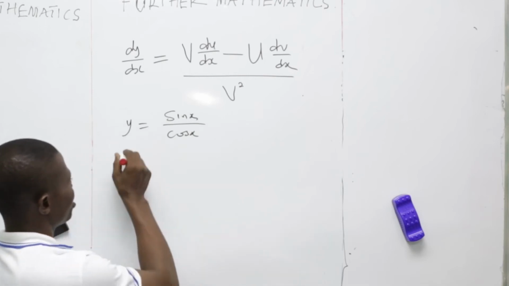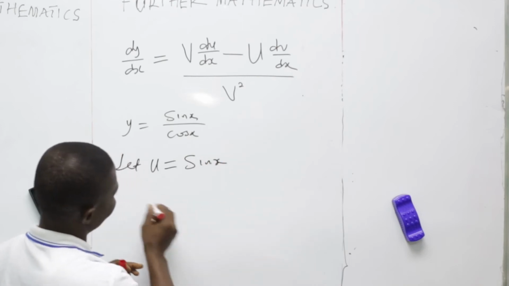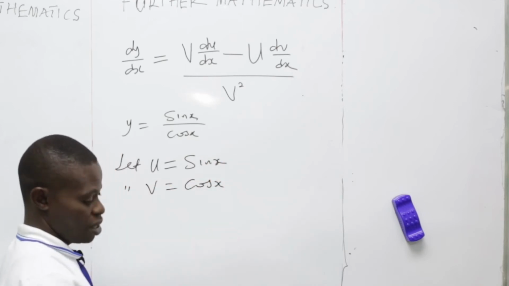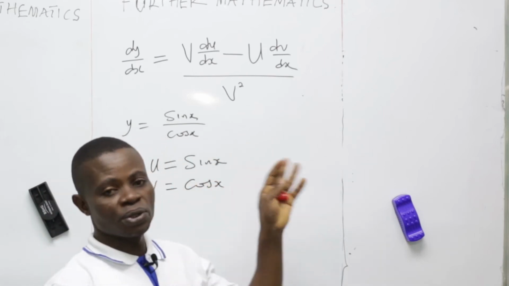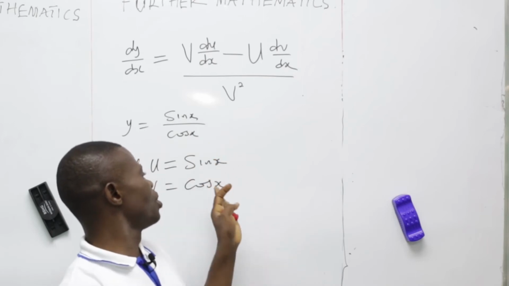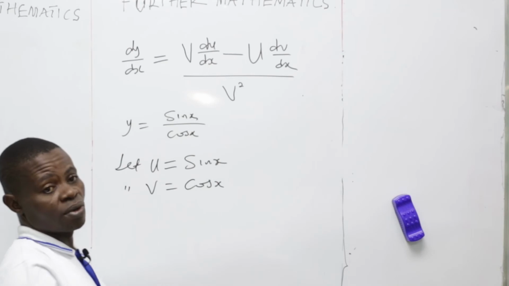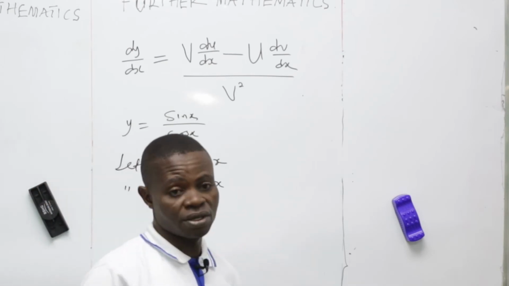So, let u equals sine x, v equals cos x. We must not be going through the long process. Now we have known that differentiation of sine x is what? Cos x. While that of cos x is what?